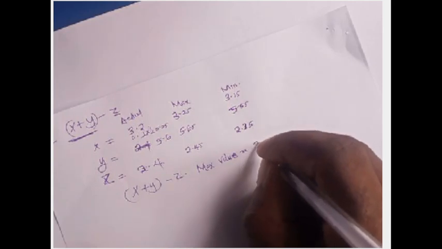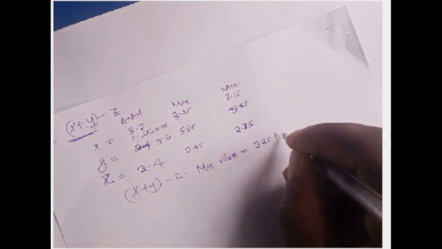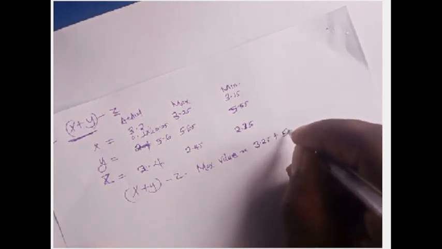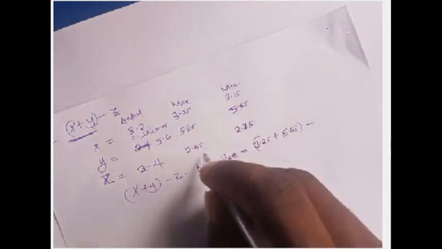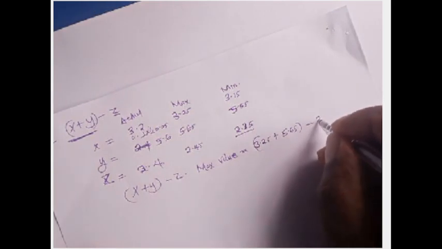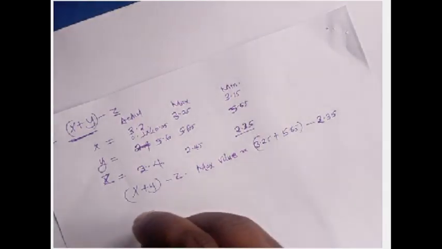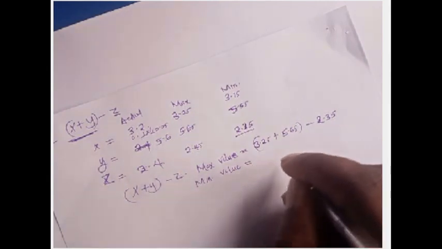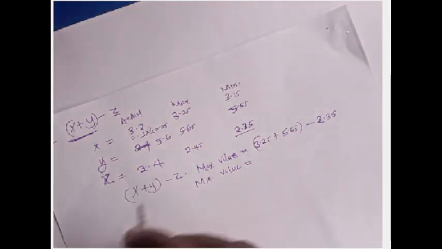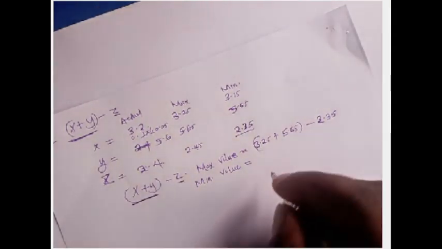So the maximum sum of x plus y is 3.25 plus the maximum value of y, 5.65, minus the minimum value of z, which is 2.35. Then we find the minimum value. The minimum value is the minimum sum minus the maximum z.